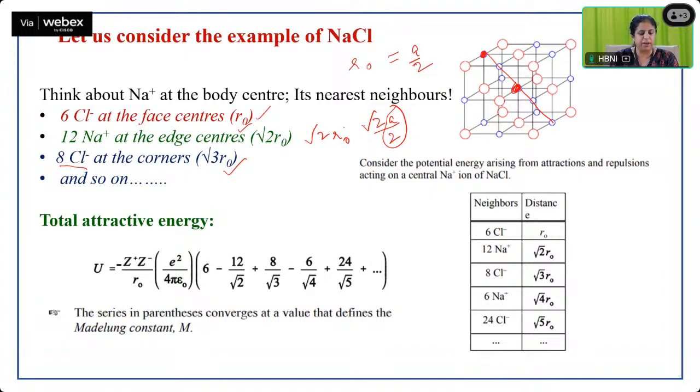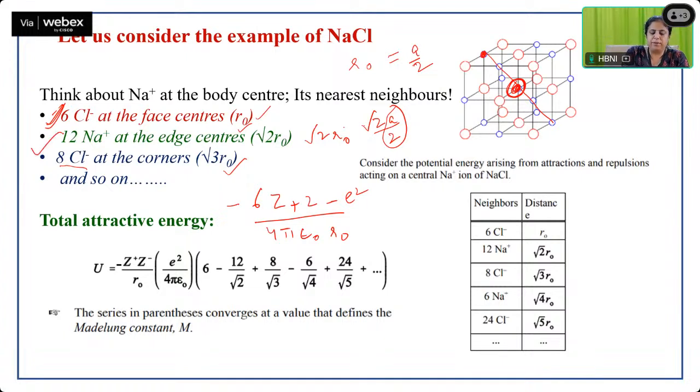Suppose I calculate, with my reference ion at the center, the attractive energy with the Cl. I know it will be 6 Z plus Z minus e square upon 4 pi epsilon naught R naught, and I make it negative.